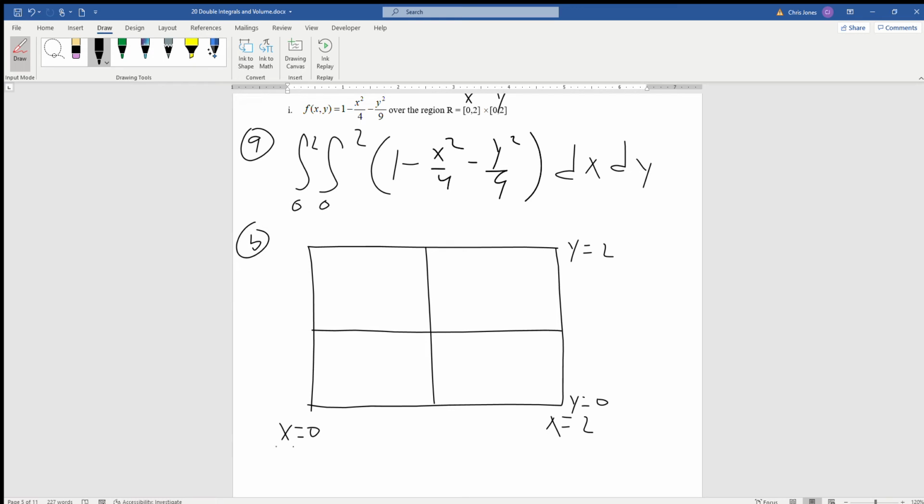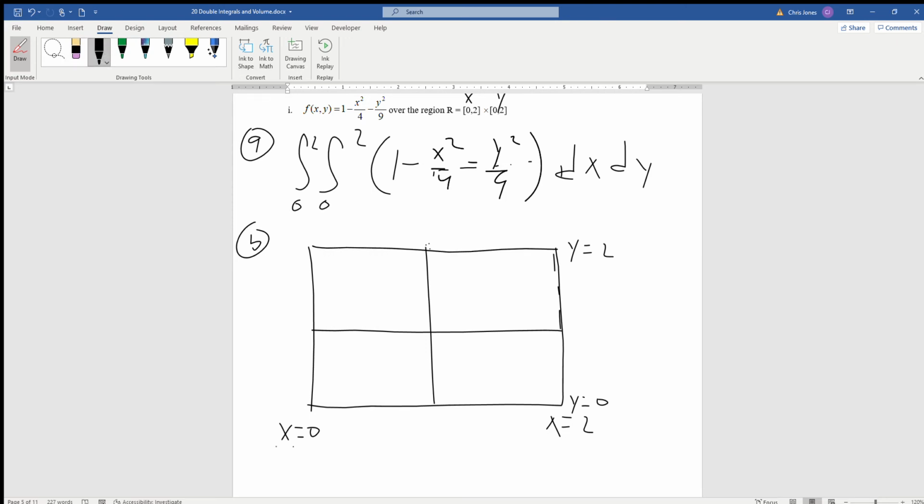So think of this as a rectangle going in space and shooting up from the floor, and the bound of it is going to be the z, or in other words the height of that paraboloid.